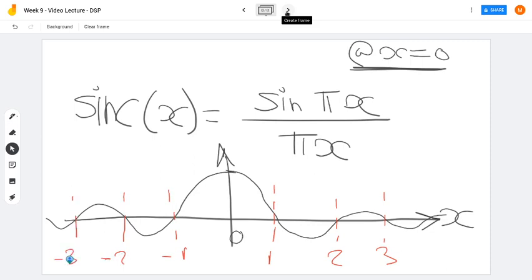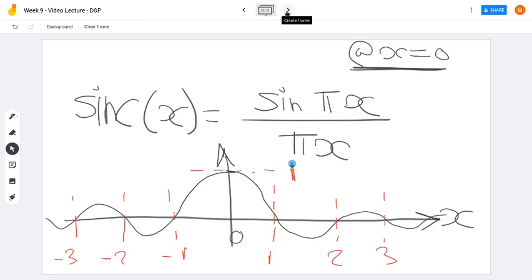It can be easily shown because sine of an integer times pi is 0. Sine pi is 0, sine 2 pi is 0, sine 3 pi is 0, and so on. That's why the 0 crossings are happening at integer values of x. And the maximum value over here is 1.